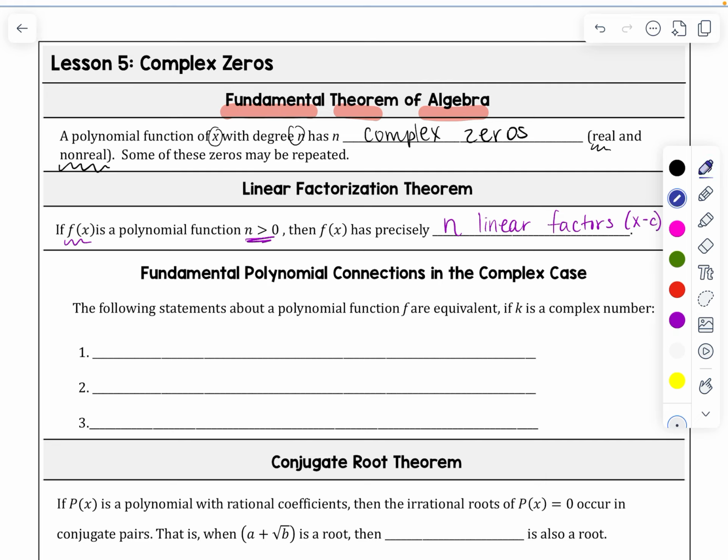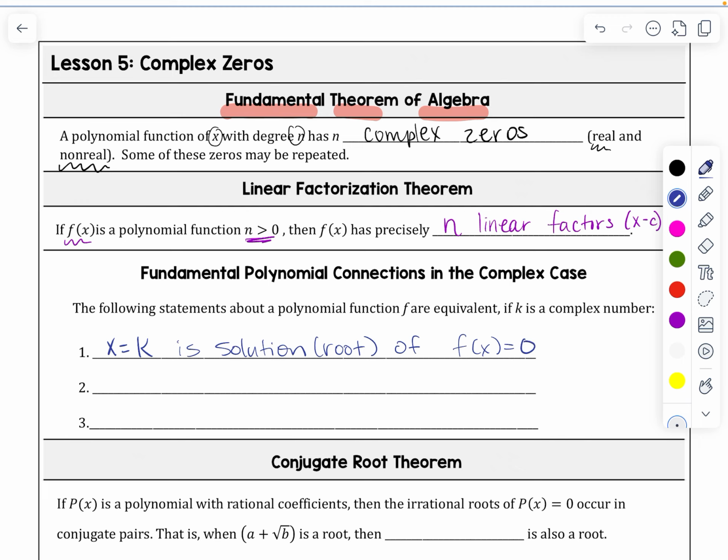So the fundamental polynomial connections in the complex case mean this. The following statements about a polynomial function f are equivalent, if k is a complex number. So we say x equals some number k is a solution, aka root or zero of f of x.